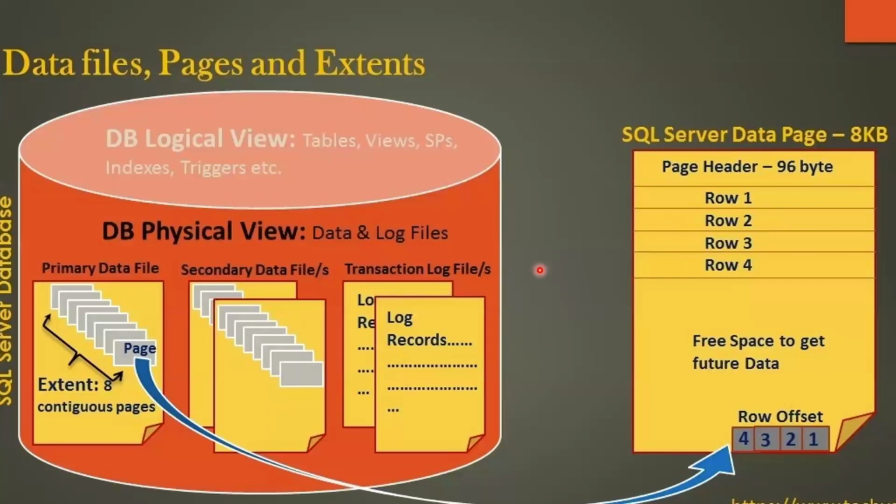Now the architecture of a page: each page begins with a 96-byte header, used to store information about the page. This information includes the page number, page type, and the amount of free space in that page. Data rows are put on the page serially, starting immediately after the header.